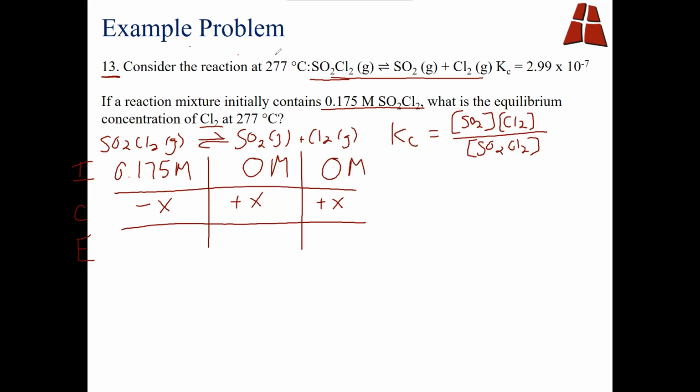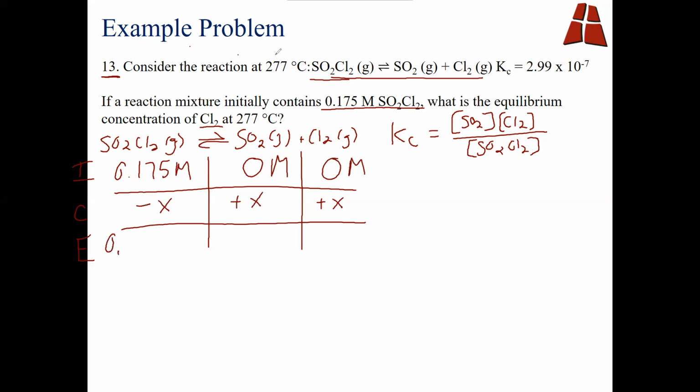This is just a dissociation reaction, right? And so we don't know what x is at the moment. That's really what we're solving for here. But essentially, we can just say our change is going to be minus x for our reactants plus x for our products. And then at equilibrium, we essentially just combine these two.